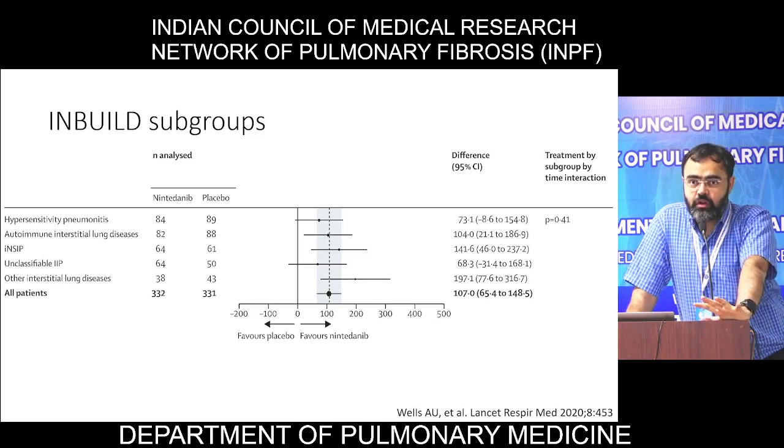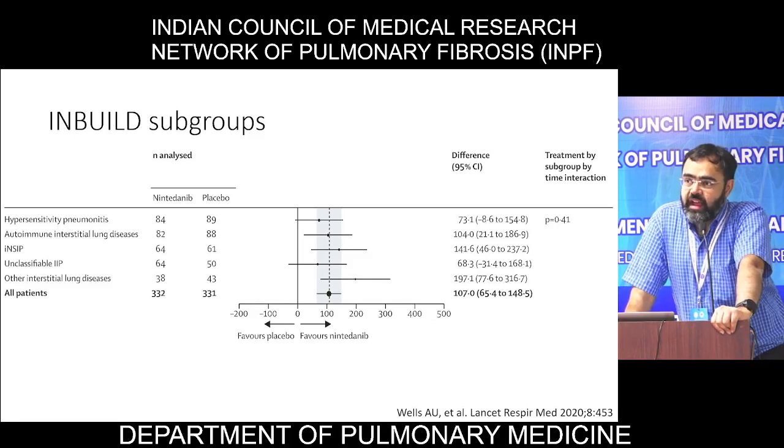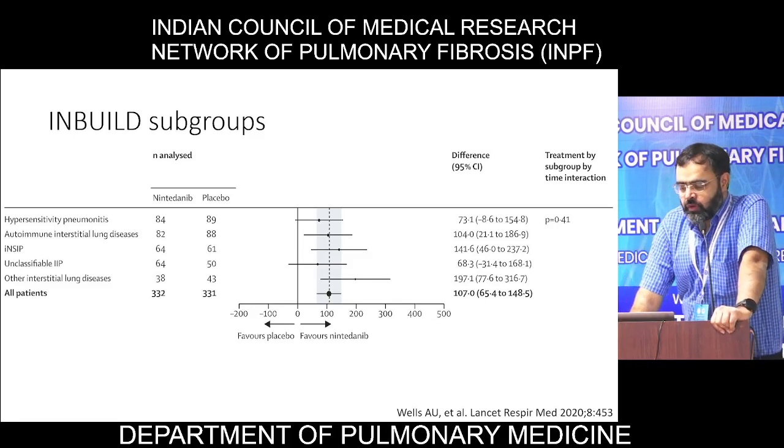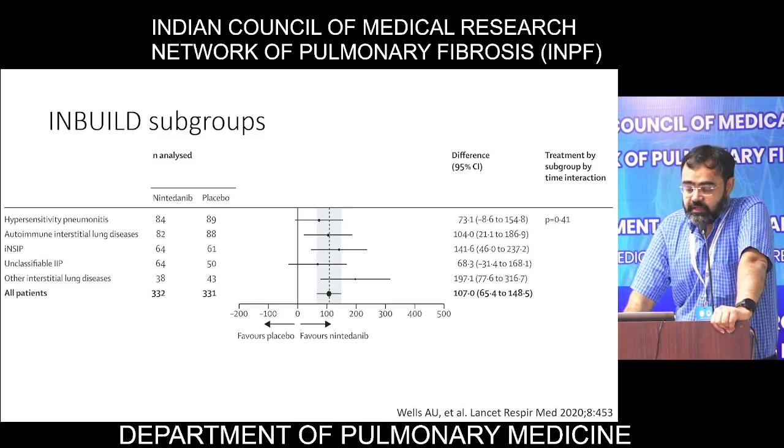So they excluded all IPF patients, and they only took patients with CTD-ILD, hypersensitivity pneumonitis, sarcoidosis, and occupational lung diseases who were having progressive fibrosis. So there they discovered that nintedanib as compared to placebo is effective in reducing the lung function decline in such progressively fibrosing ILDs or progressive pulmonary fibrosis.